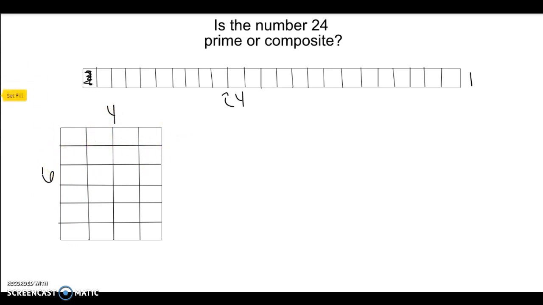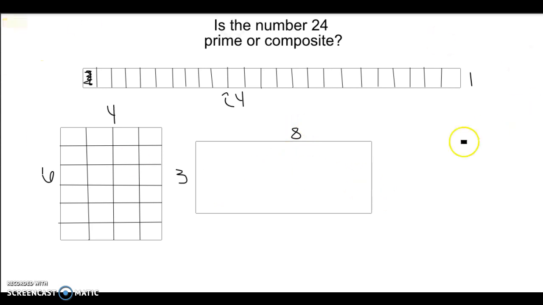Now there are lots of other ways. For example, let's throw a few more on there. I have 8 by 3. I'm not going to draw all the lines in this one because I think you're getting the idea. But if I did 3 rows and 8 columns, that would also give me 24 unit cubes.